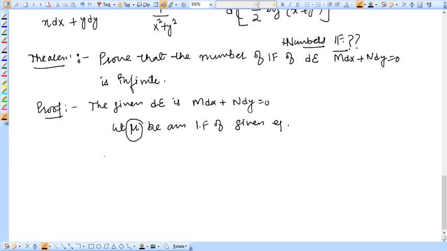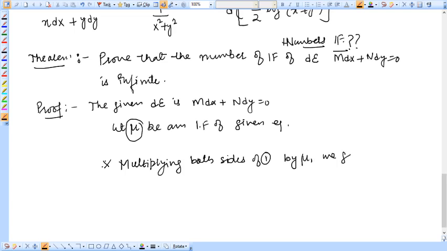Now we will be bringing out more and more integrating factors from this mu. Therefore, multiplying both sides of equation 1 by mu, we get mu M dx plus mu N dy equal to 0.